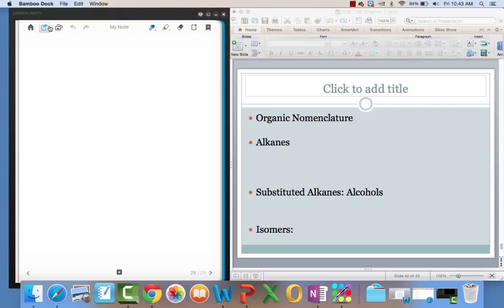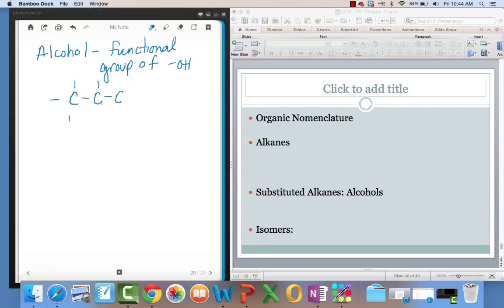Then there's substituted alkanes. Primarily these are our alcohols. And what that means is that an alcohol has a functional group of OH. So if I wanted to take the same example and add an OH group to the end, this is no longer propane, but propanol.